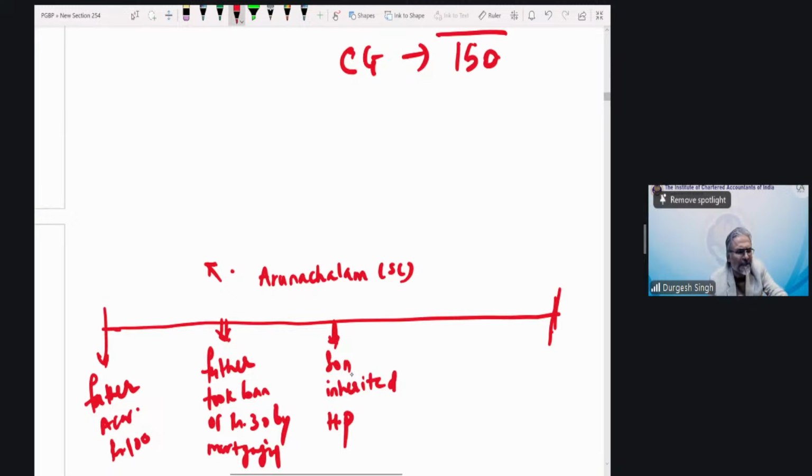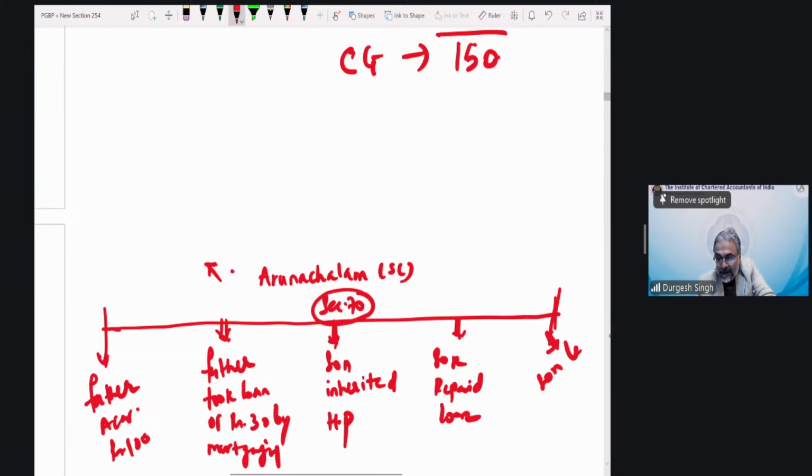For whatever be the reason, say on account of death of the father, section 70 came into picture here. Thereafter, son repaid the loan. And finally, son has transferred the capital asset, whatever be the amount, say 300.